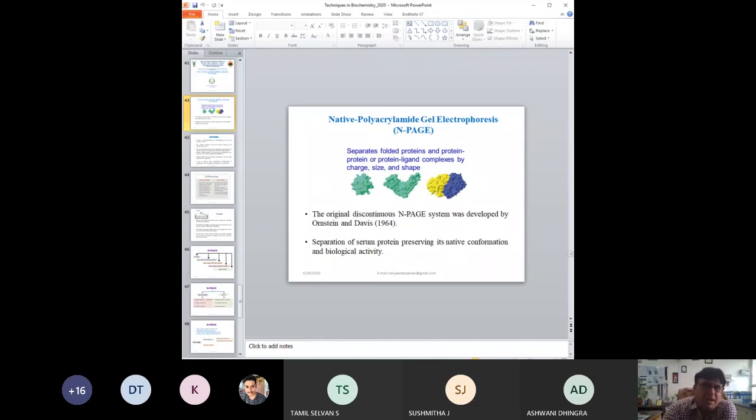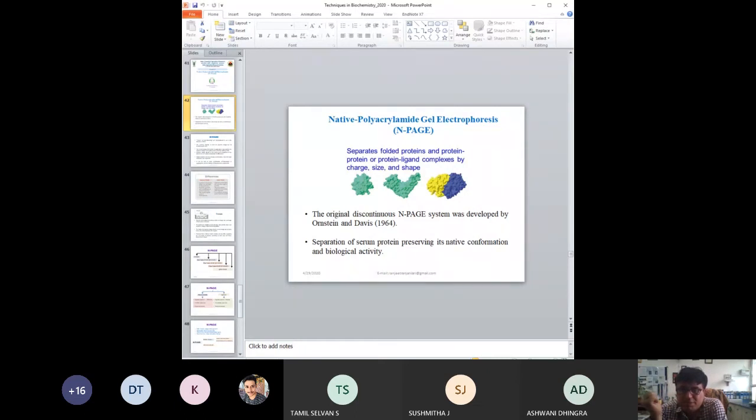If you see here, I have given a notation: native PAGE separates folded protein and protein-protein or protein-ligand complexes based on the charge, size, or shape. Maybe in a subsequent slide I'll tell you the principle and other information. But from this slide, you should know that this was first developed by Ornstein and Davis while working on serum protein.